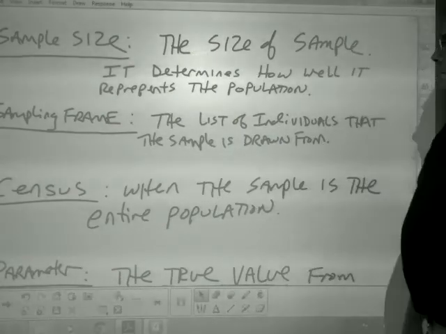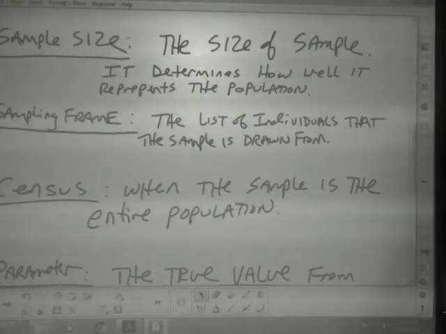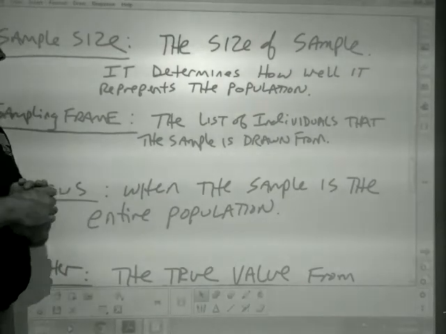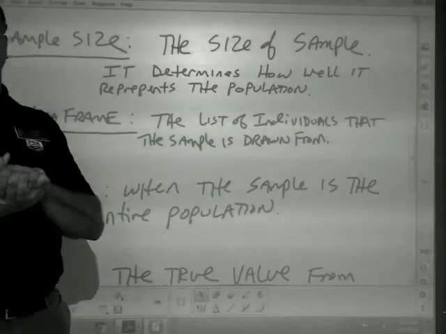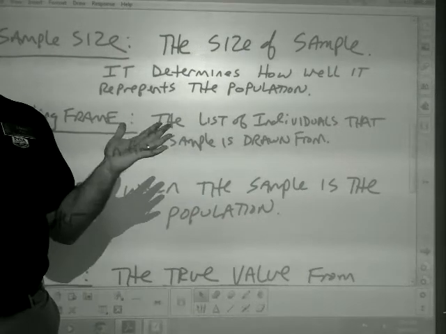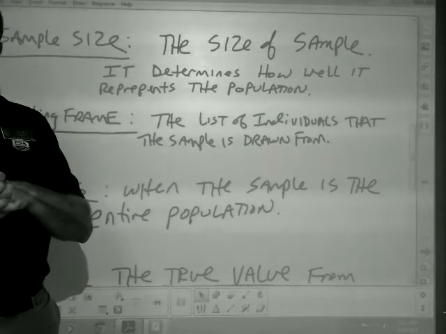Sampling frame is the list of individuals that the sample is drawn from. Now, whether you have a physical list or you know it, that's where the sample is drawn from. So for example, again, I want to find out what proportion of high school seniors in the Greece area have their driver's license.